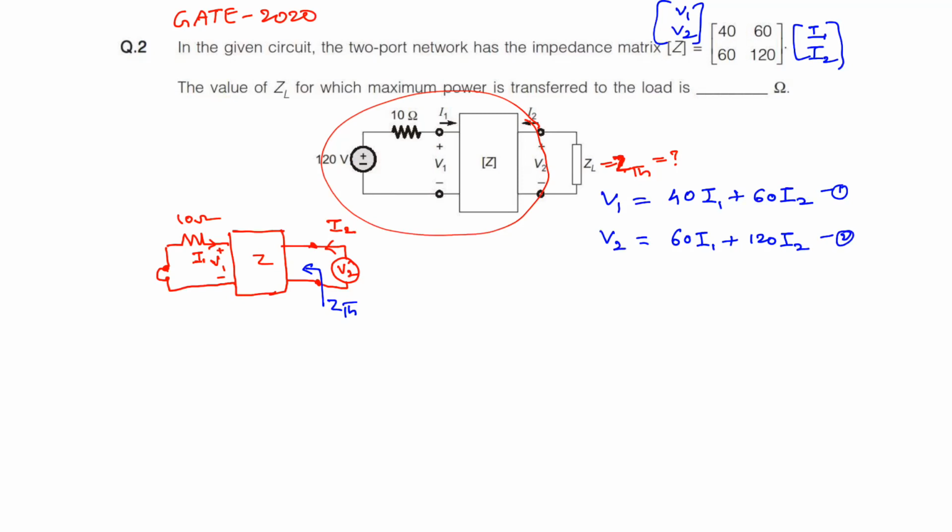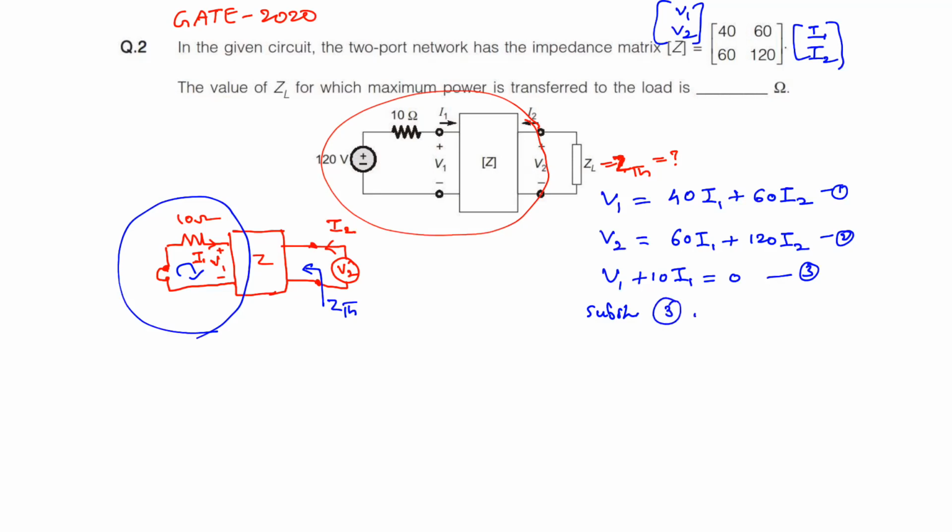Next, equation 3 I am going to write from this input side. From the input side we can write equation 3. So write KVL for this loop. Then V1 plus 10 I1 is equal to 0. This is the third equation. Now substitute equation 3 in 1.